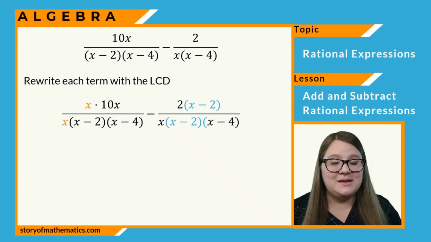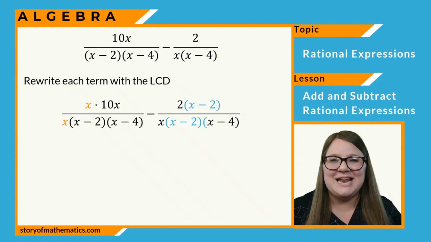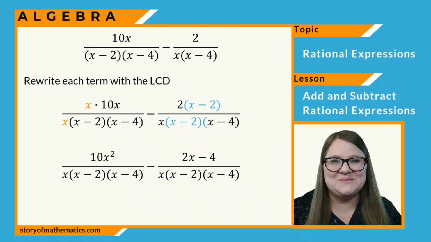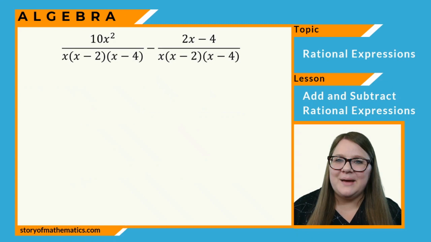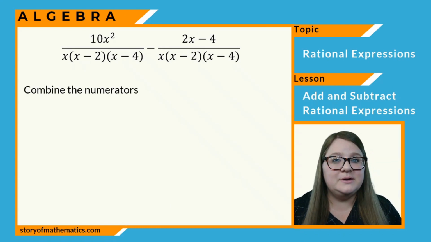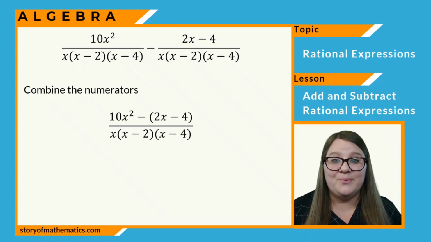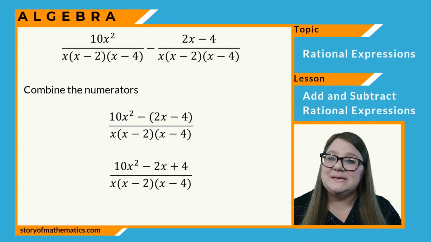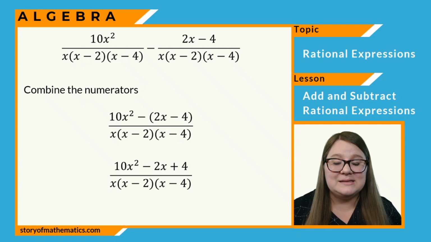Then in my first fraction, I'm going to do x times 10x is 10x squared, and 2 times x minus 2 is 2x minus 4. Now, in order to combine these numerators, I am going to need to put the 2x minus 4 inside parentheses and then distribute the negative.